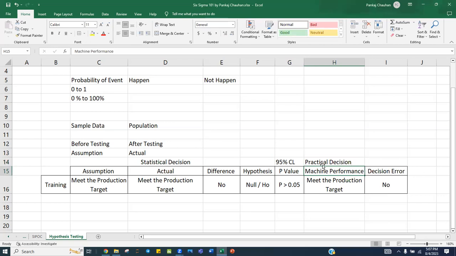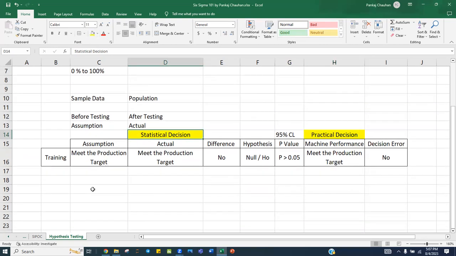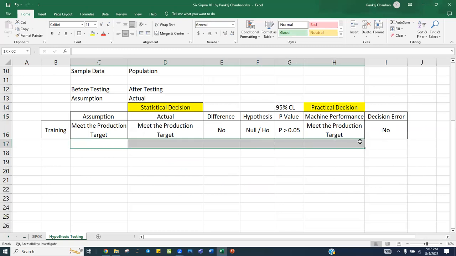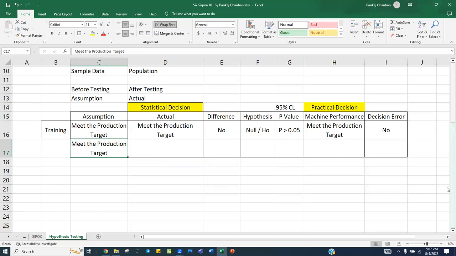There may be another case. Let's say the case we took was the positive one. If we take the negative case, you have done the maintenance, and after doing the maintenance, your assumption was you will meet the production target. But actually, your machine did not run in the way that it should meet the production target, so you will not meet the production target.